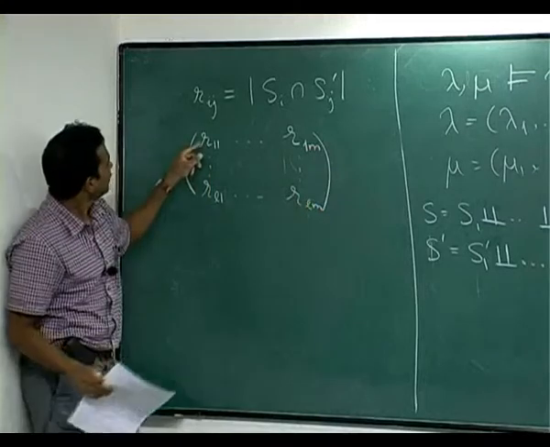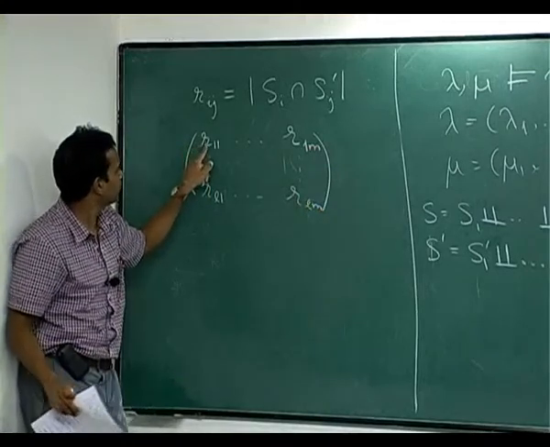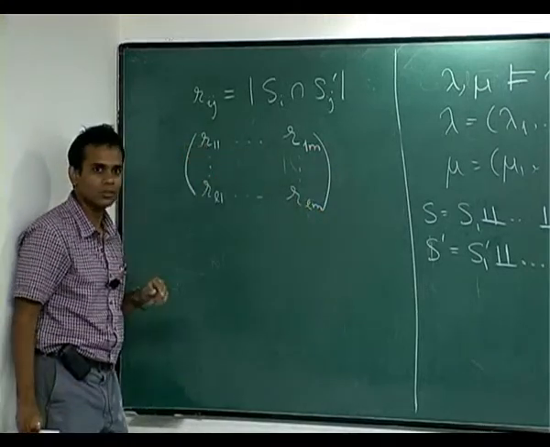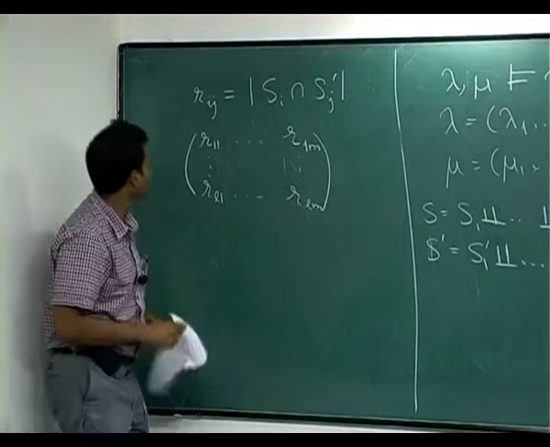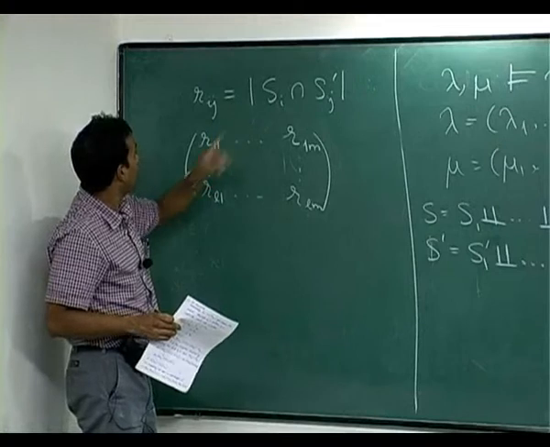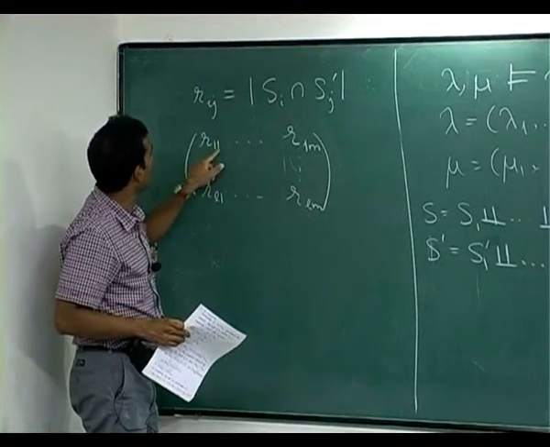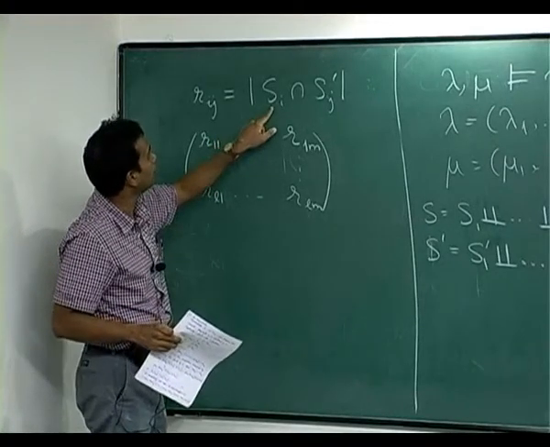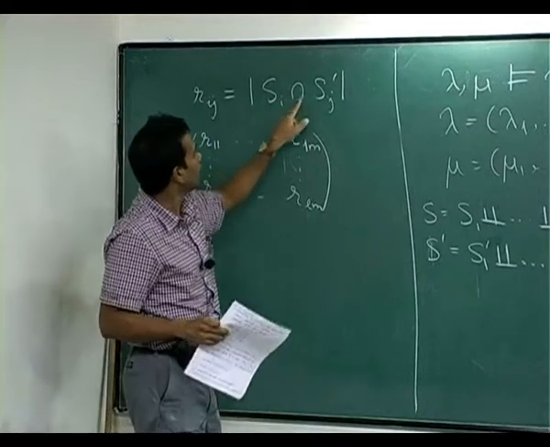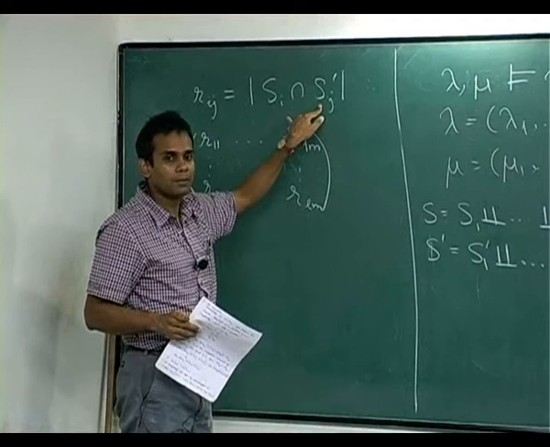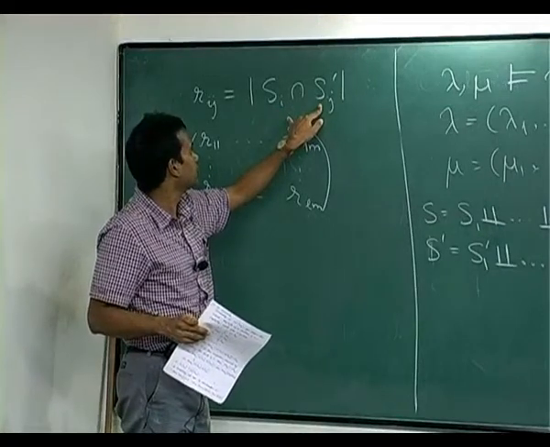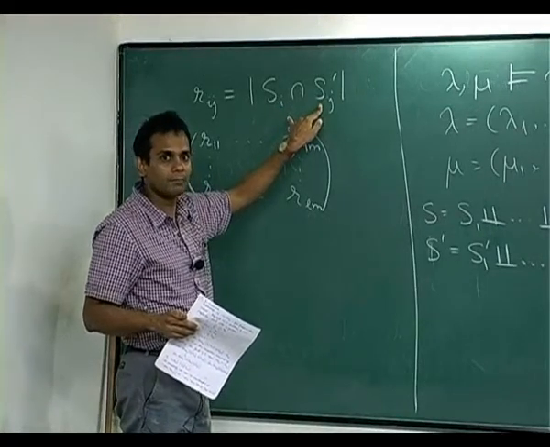And suppose I add up the entries in the first row, what do I get? I'm varying the second coordinate, so I'll be looking at the cardinality of S1 intersect S prime 1, plus the cardinality of S1 intersect S prime 2, plus so on.